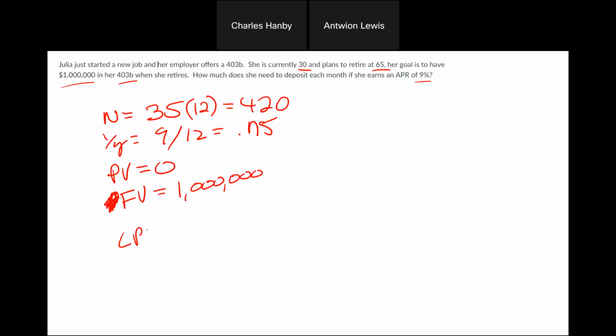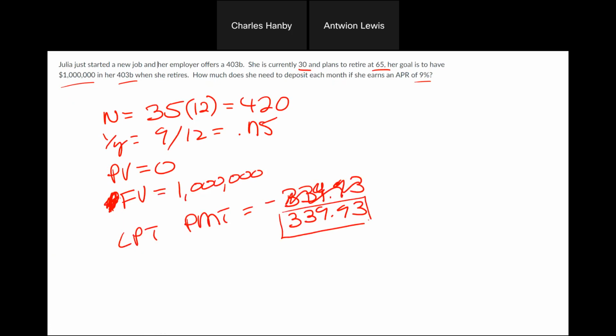And then we compute payment, and it'll come out as a negative $339.93. So this would be the correct way to enter it on an exam.